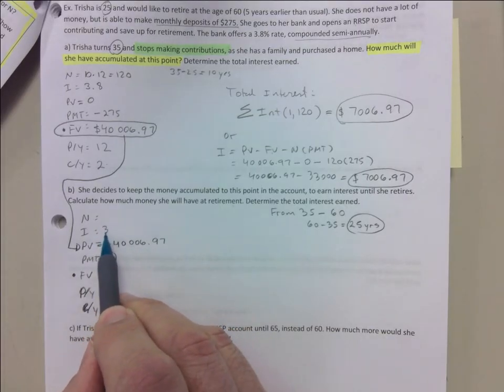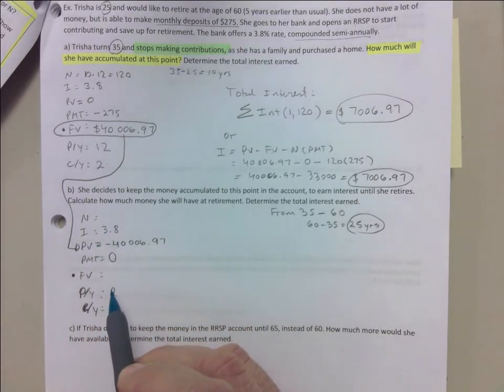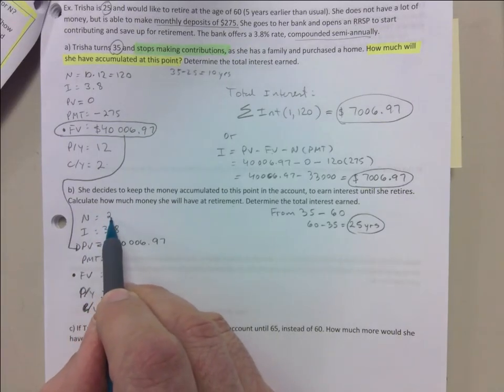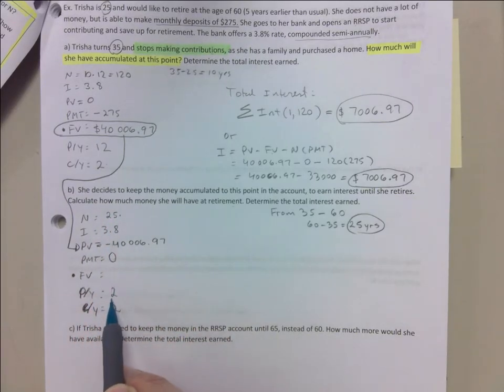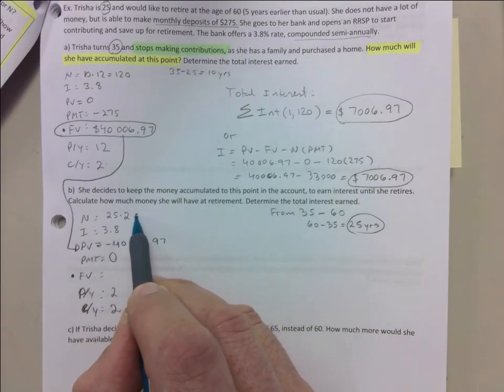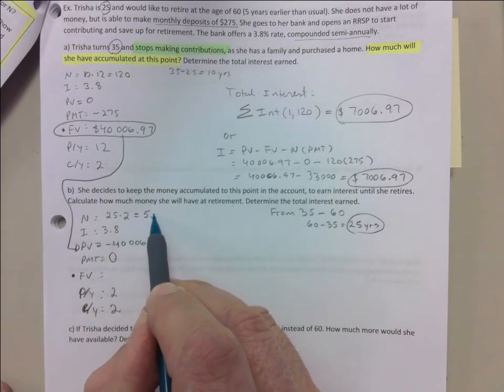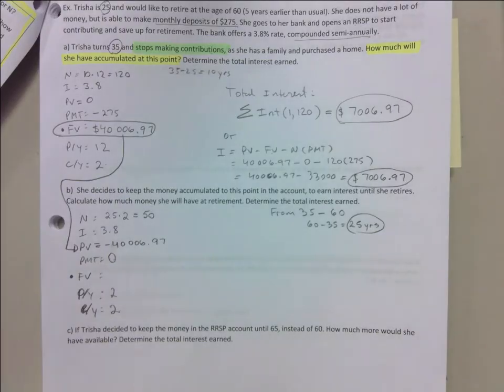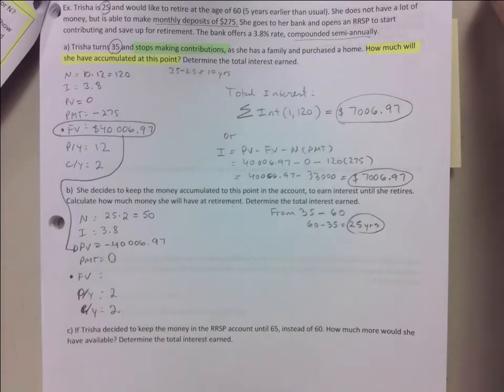Same interest rate. And this time it's 25 years times whatever PY is. What is PY? It's 2 in this case. And that would be 50. So 50 compounding periods are going to go by until you retire. Let's figure out what the future value is here.